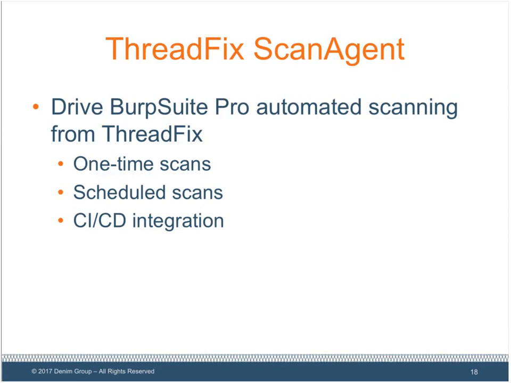With ThreadFix's scan agent technology used along with Burp Suite, we can allow analysts to do the manual testing that is so valuable and important for them to have time to focus on, as well as have the central security team set up a tempo of scanning, and eventually make access to the testing that Burp is doing available via the developers' tool sets, if you look at things like Jenkins driving their CI/CD pipelines.